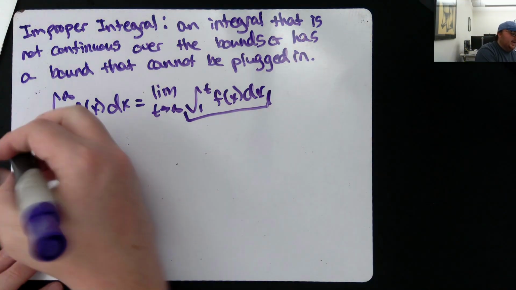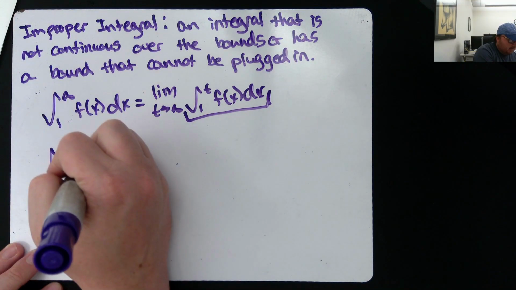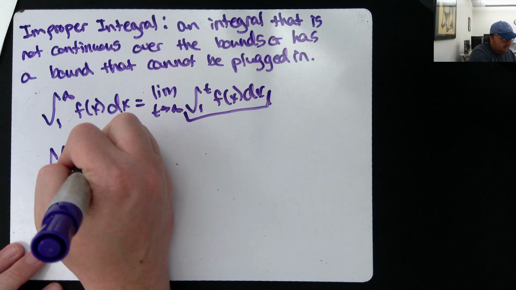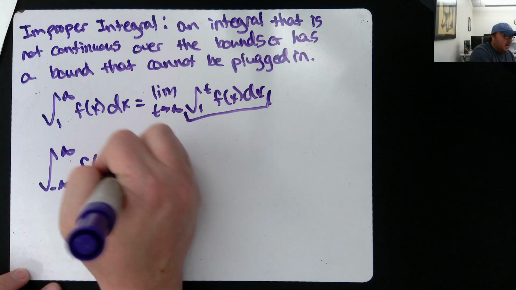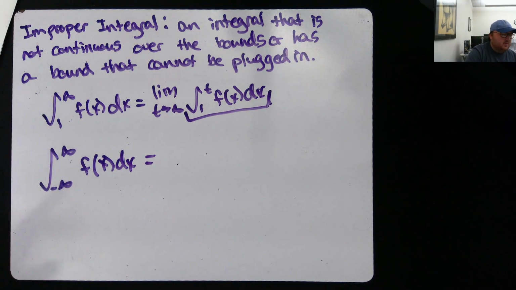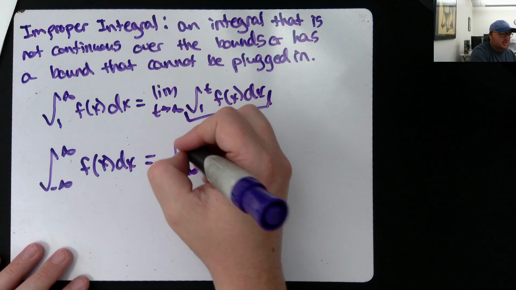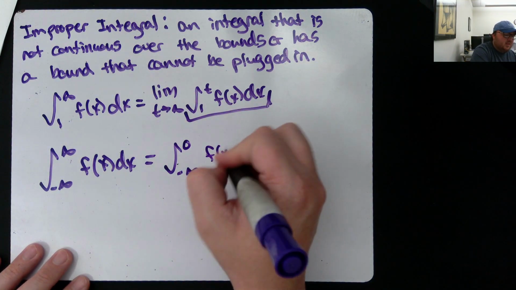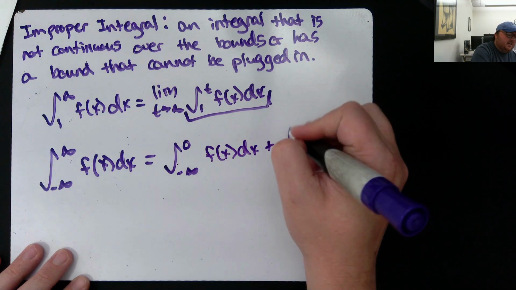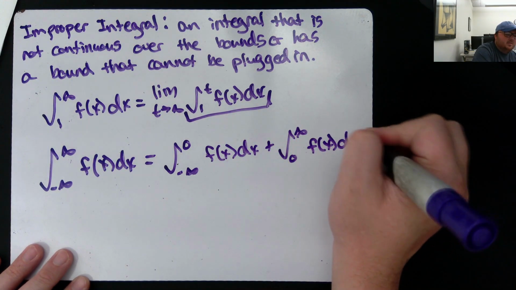So if I had the integral from negative infinity to infinity, I can split this up and pick any point between them. So let's just do 0, but it doesn't matter. Then add 0 to infinity, and I can split it up like that.